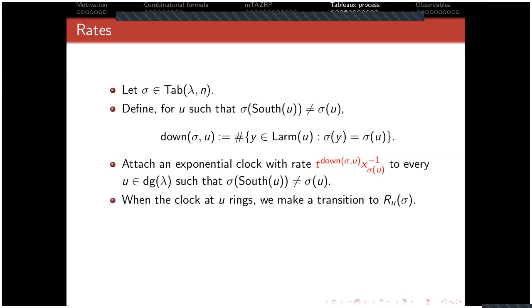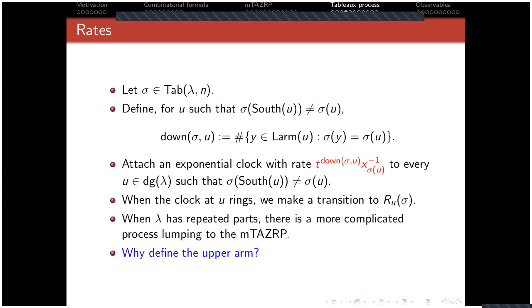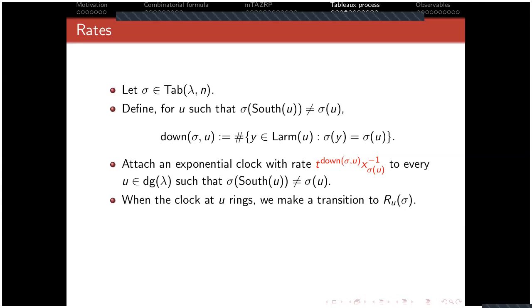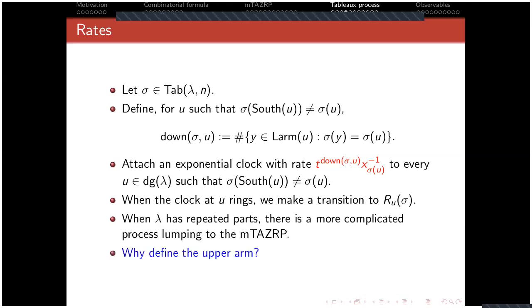So whenever the clock at this site rings, we make a transition. So many times this will act as the identity, but sometimes it will go to another tableau with the same shape. You might wonder why I defined the upper arm: it's because the time reversed process turns out to involve the upper arm.